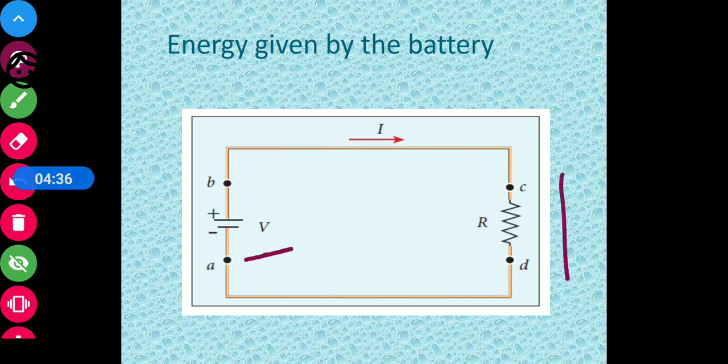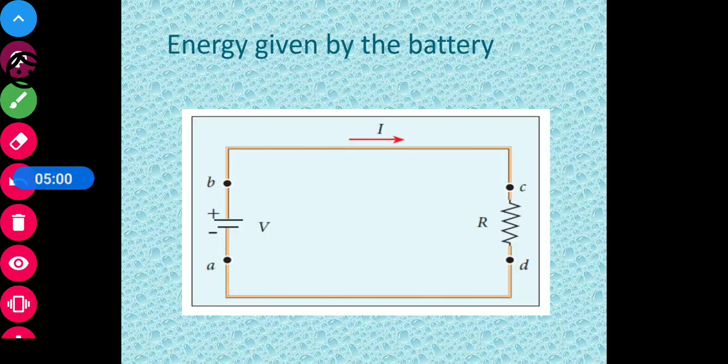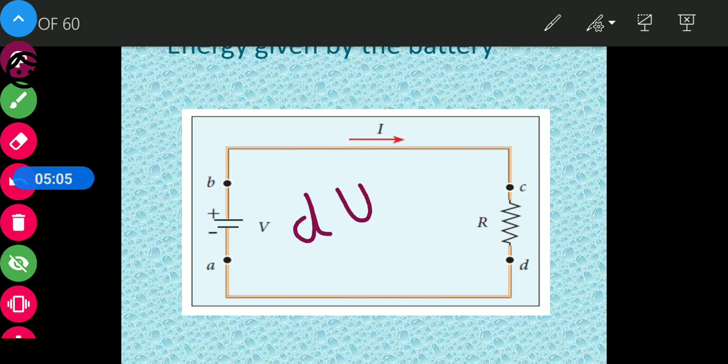Let us assume that current is flowing from A to B, then through resistor C to D and again to the cell. To understand it, let us consider that a small positive charge dq moves from point A to B inside the battery.